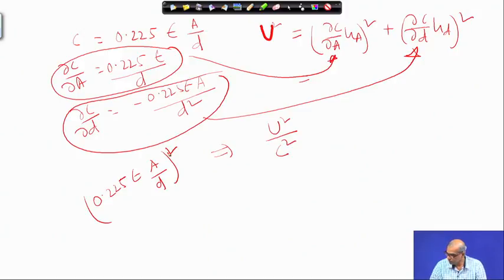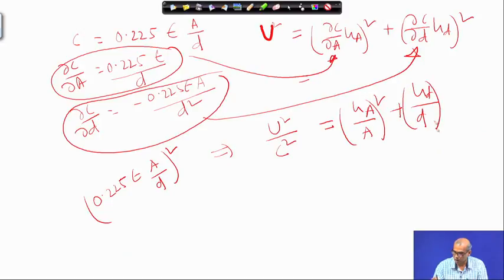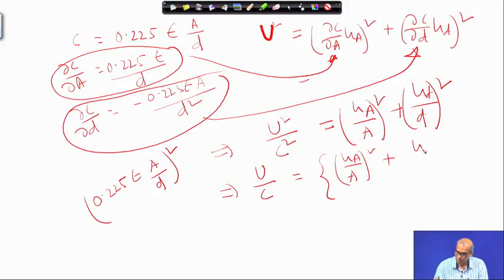If you do that, you will see that you are getting u A by A squared plus u d by d squared, or u by C is u A by A squared plus u d by d squared, whole to the power half.